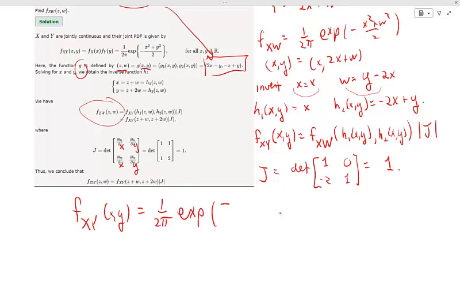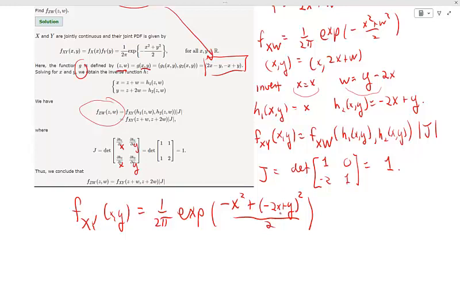Then the x stays the same because h1 is the same. So that's minus x squared plus, now in the second place I put h2. h2 is minus 2x plus y. This is all divided by 2. And then here I have closed bracket. And that's my new density.